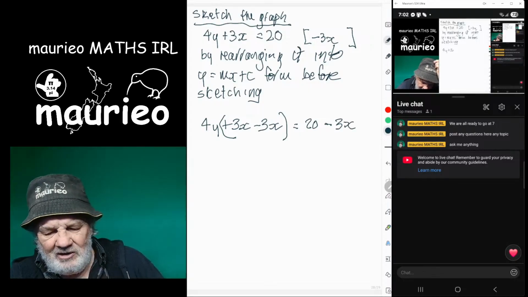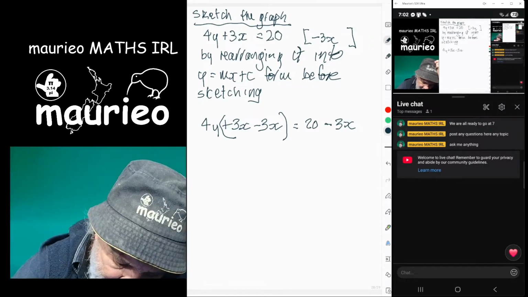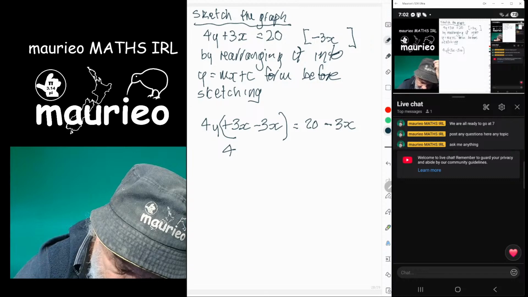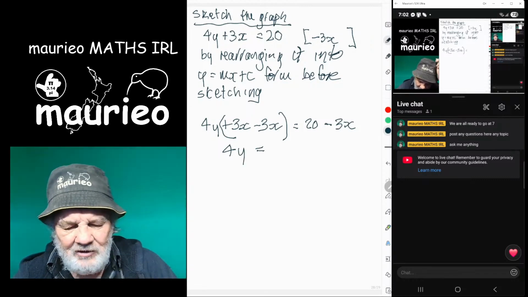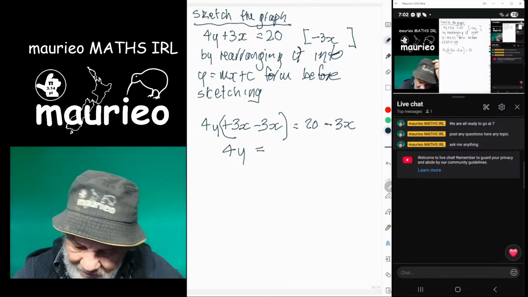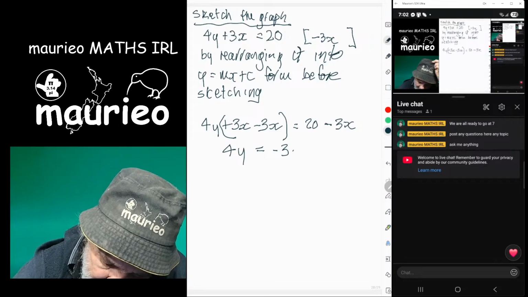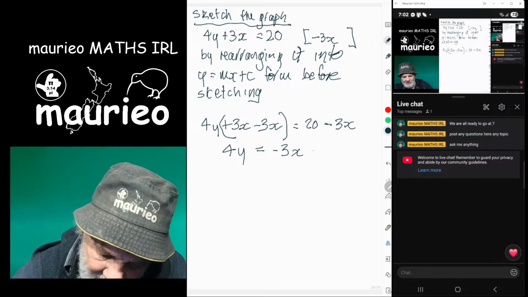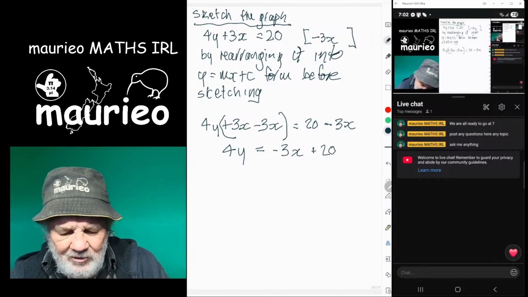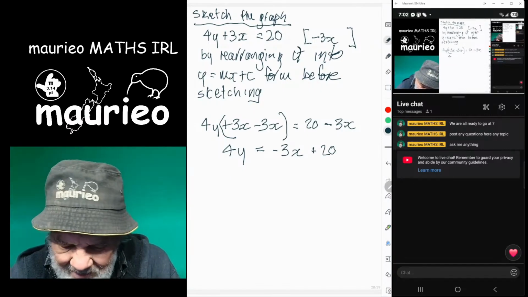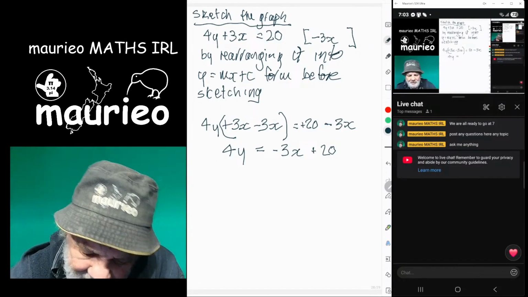Okay, and that will give us 4y, and we want it in the form y equals mx plus c, so it'll be negative 3x plus 20. Where there's no sign in front of something, you can assume it's a plus. So you could say plus there.